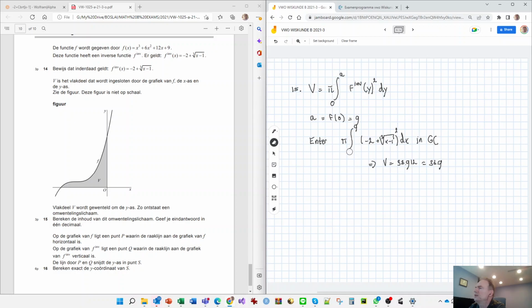At 0, for example, that also has some complex roots. But yeah, that's beyond the scope here. This is just a plug-in kind of question, and the key here is two things. One is to know about these rotation bodies, and to be able to do integrals numerically on your graphic calculator.